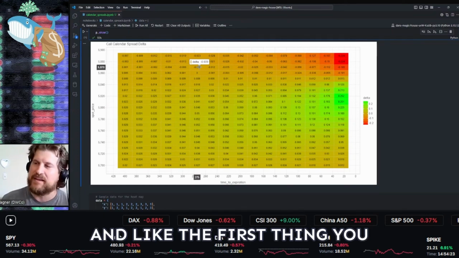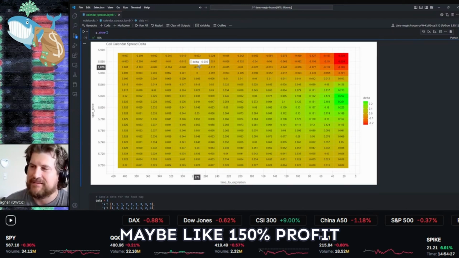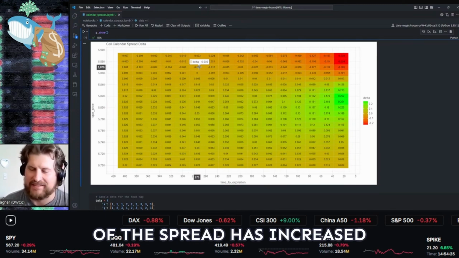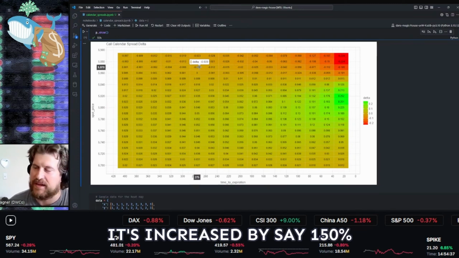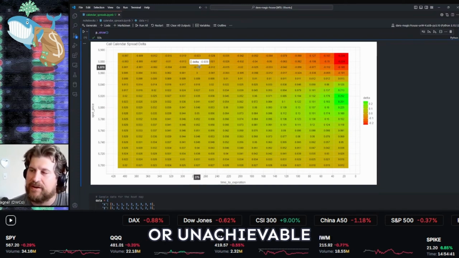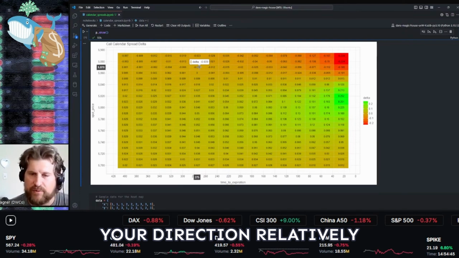And the first thing you could do is set a limit sell at maybe 150% profit, right? The value of the spread has increased by say 150%, because that's not unreasonable or unachievable if price begins to move in your direction relatively quickly.